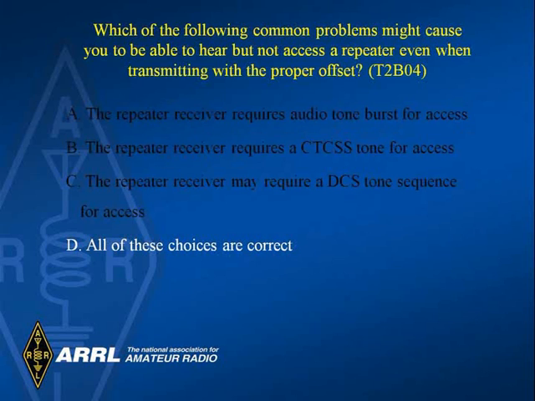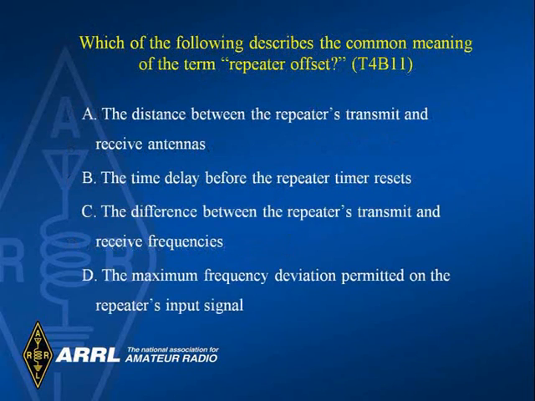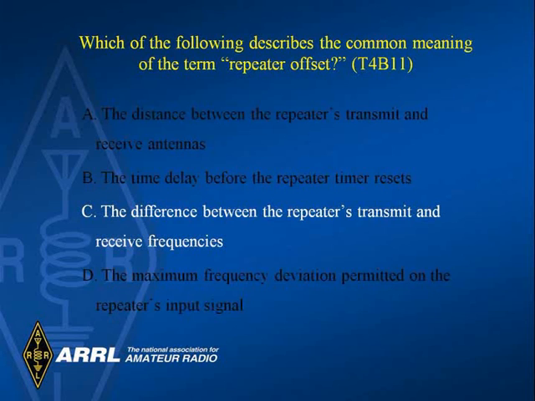The answer is D. All of these choices are correct. Which of the following describes the common meaning of the term repeater offset? C. The difference between the repeater's transmit and receive frequencies.